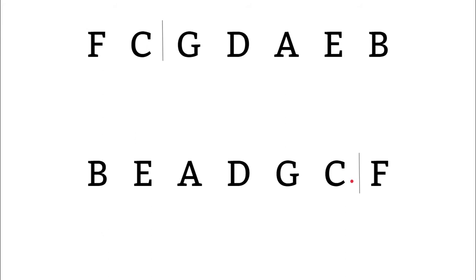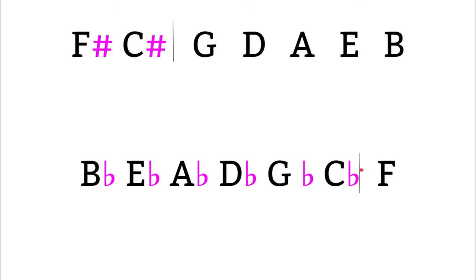After that, to the left of that line for sharps, you're going to put sharp symbols on those notes. This is to identify the names of the scale. So these are all sharp scales or key signatures, and then these are all flat scales and key signatures. These refer to the name.